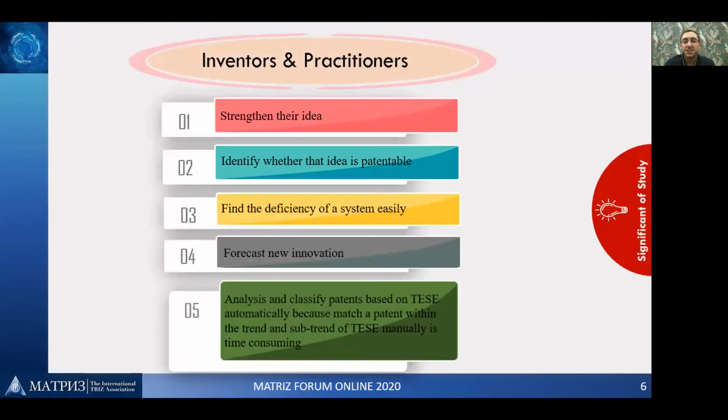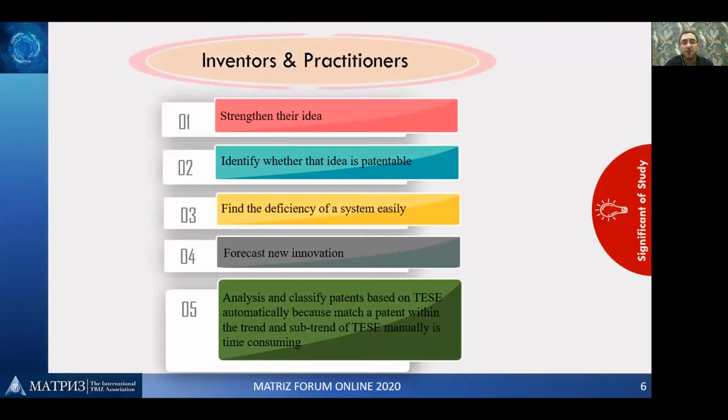Inventors and practitioners can benefit from our research to strengthen the idea, identify whether the idea is patentable, find the deficiency of a system easily, forecast new innovation, and last but not least, analyze and classify patents based on TSE automatically.